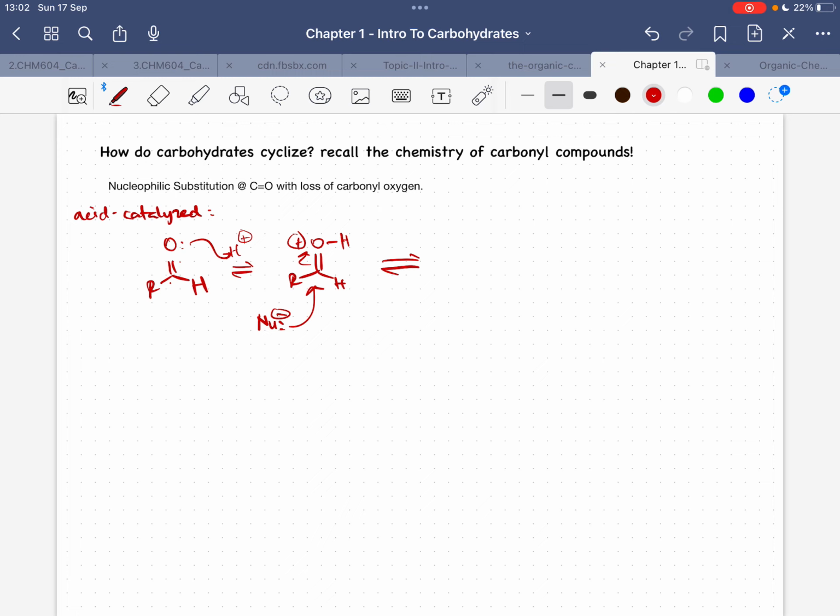And gani siyang reaction, ang sp2, this is an sp2 carbonyl, it becomes an sp3 bond sa intermediate pa lang. So, it's nucleophile and then H. Now it becomes sp3. Right? Ang problema, this is called a tetrahedral intermediate.